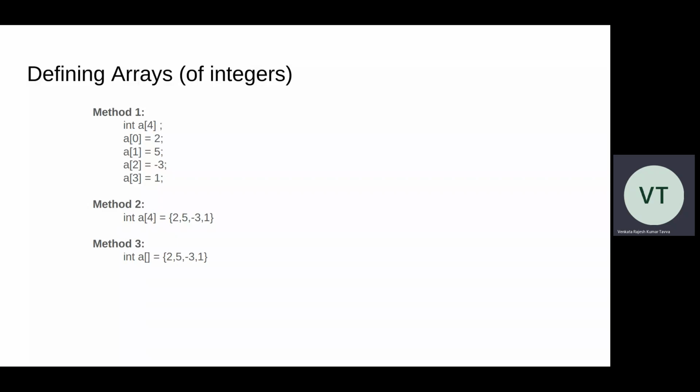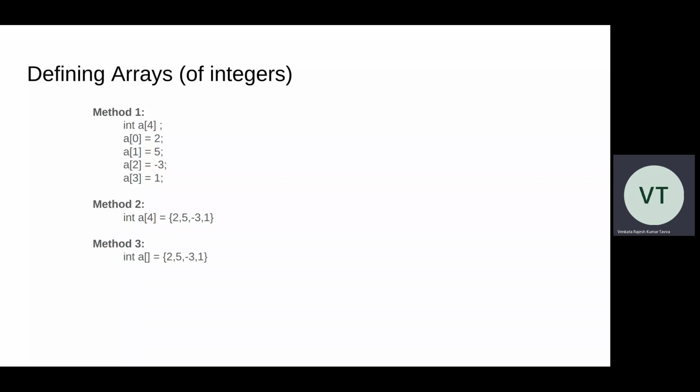Sometimes my array size may be larger and the number of elements available to me may be smaller. In that case, if I declare the array like this, then the array size will be only 4. Suppose I want to store 8 elements. If I declare like this, it will create an array only of size 4. I can't store the remaining 4 elements. But if I write int a of 8 equal to these 4 elements, the remaining 4 elements will be initialized to 0 by default.